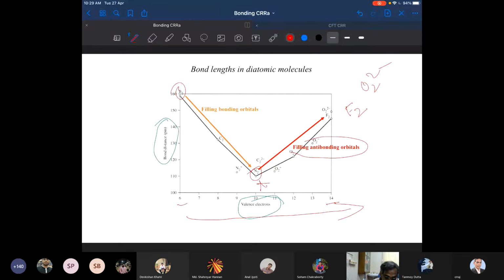Here your bond distance basically decreases up to nitrogen. Why did it happen? The incoming electron goes to the bonding orbital. On the other hand, when you start filling the antibonding MO, the bond length starts increasing.